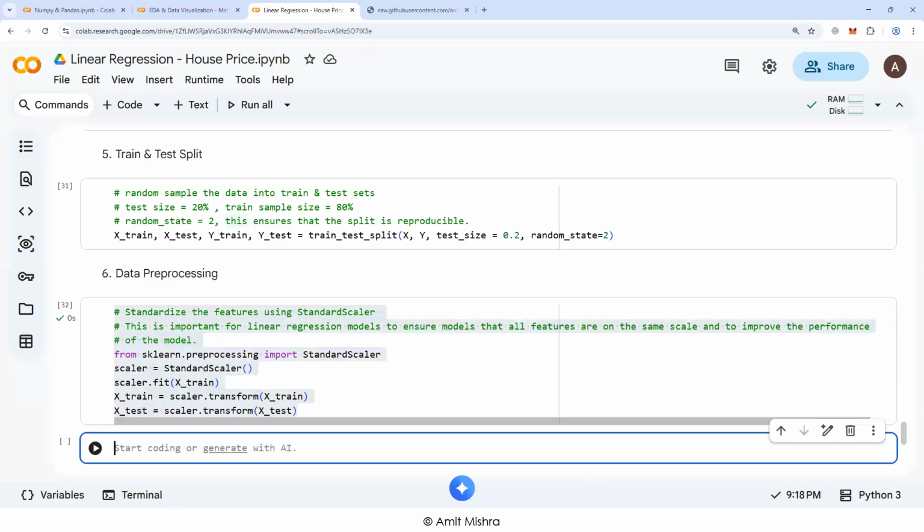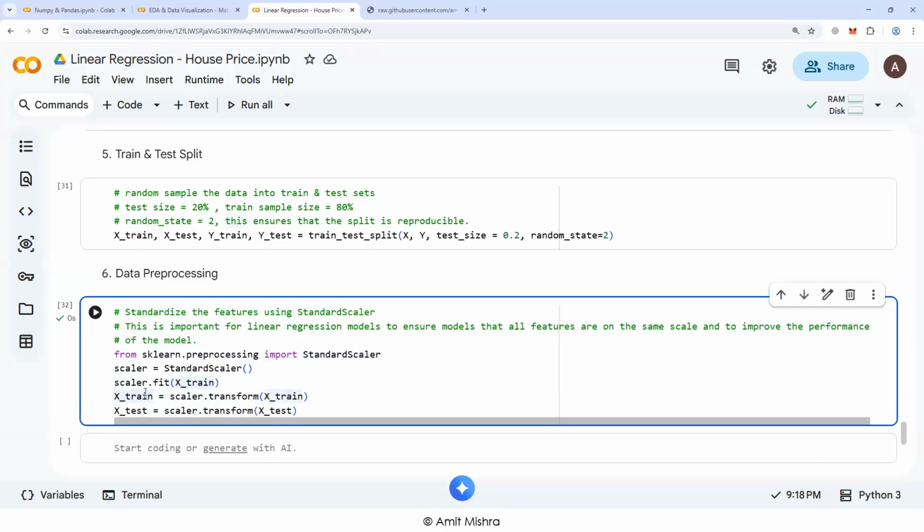Okay, we transform it. The reason we need to transform is that all our data should be on the same scale.